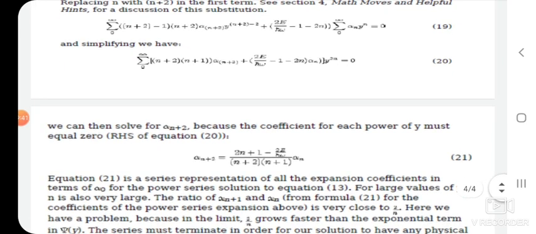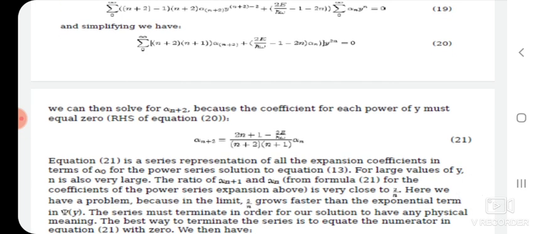Now, we can solve for a_n plus 2 because the coefficient for each power of y must equal 0, because the right hand side of equation number 20 is 0. Therefore, a_n plus 2 is equal to 2n plus 1 minus 2e by h cross omega, divided by n plus 2 n plus 1, into a_n.